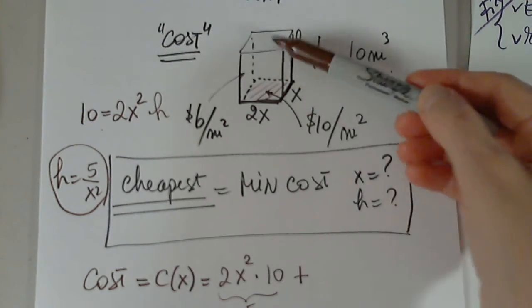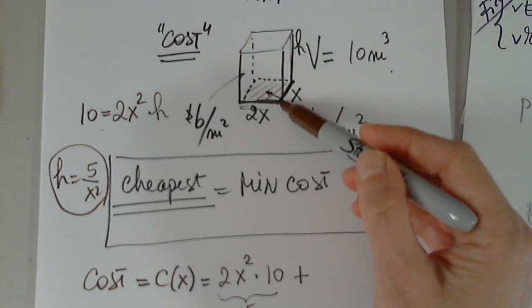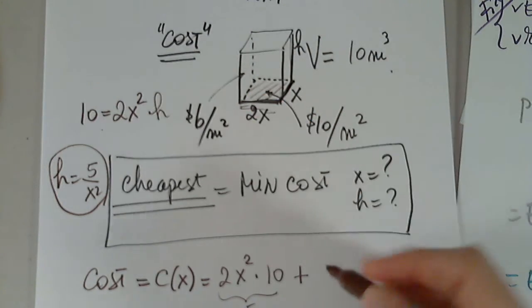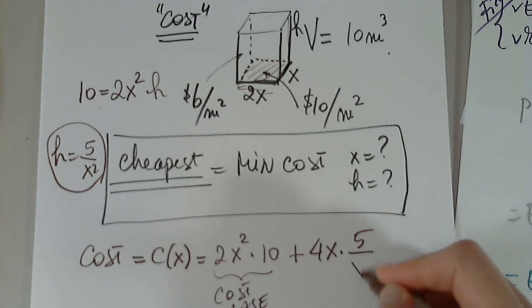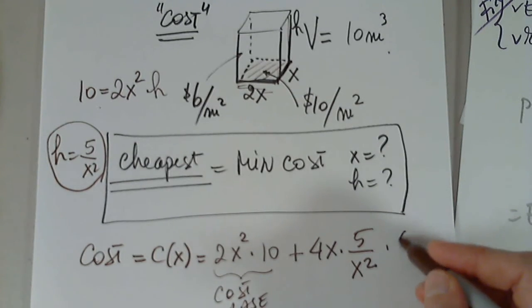I have two sides that are identical. Base times height, 2x times height is 2xh, but times 2, 4x times h, which is 5 over x squared, multiplied by the cost per square meter.